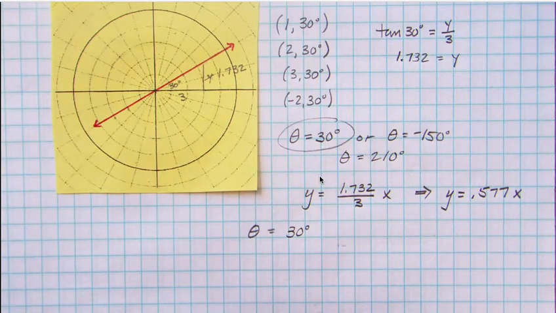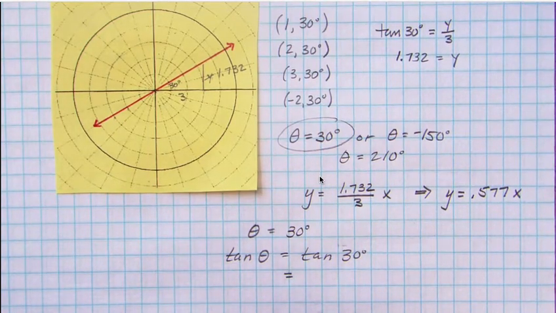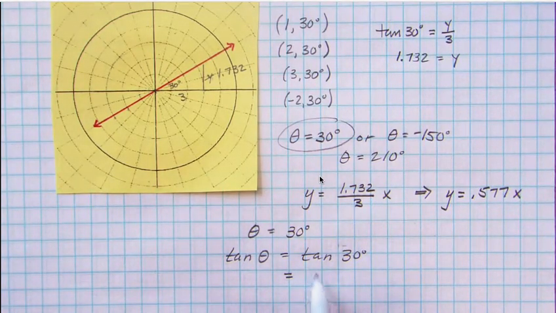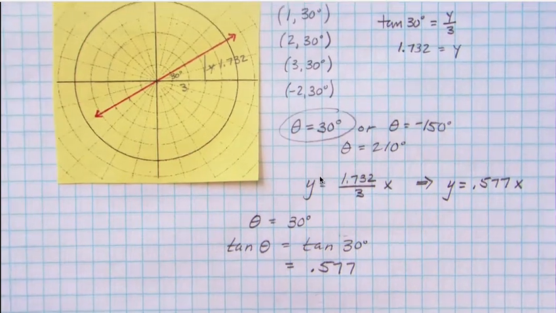So really, if you just said, oh, let's just take the tangent of both sides, tan theta equals tan 30. This would be your 0.577. But then what's this tan theta thing?